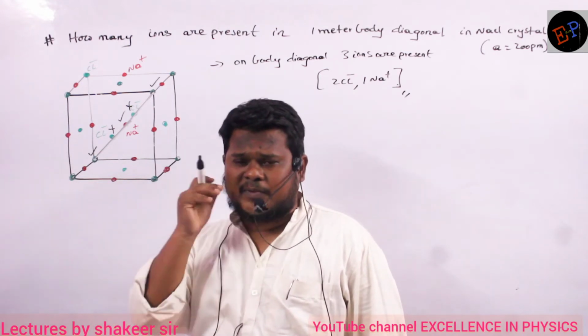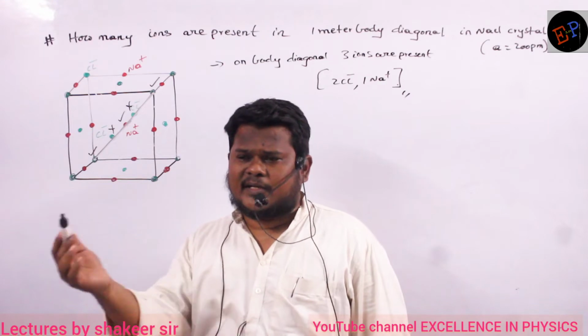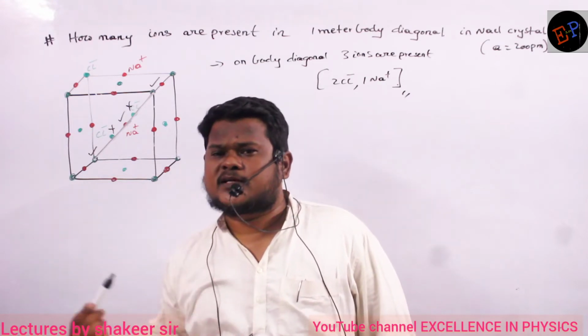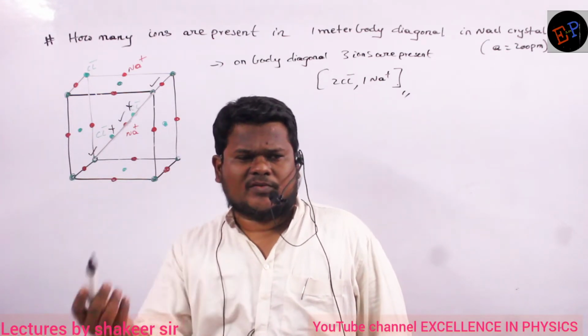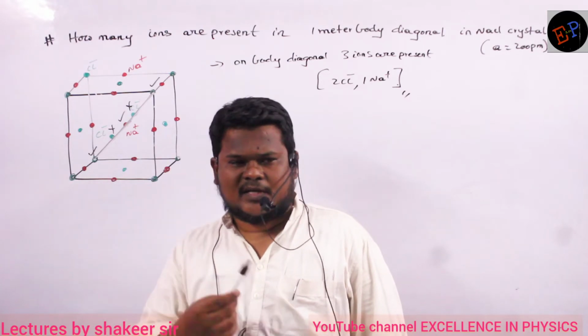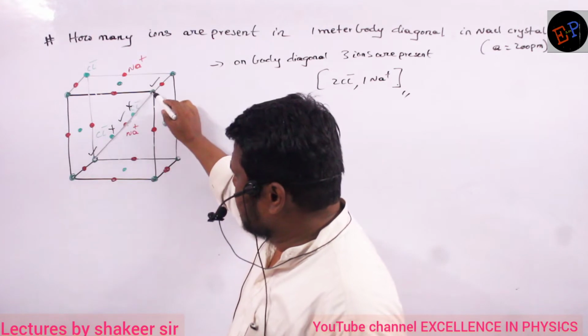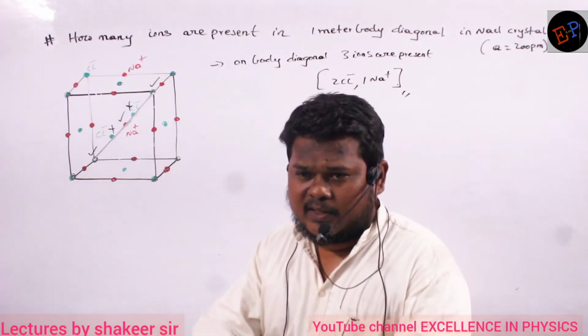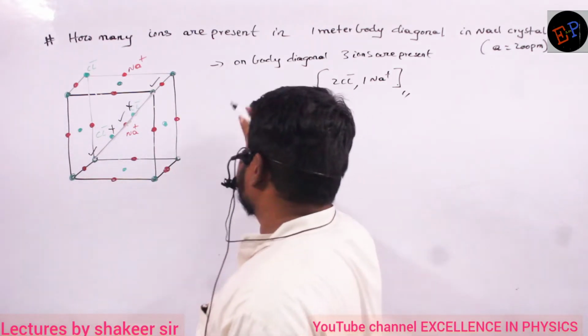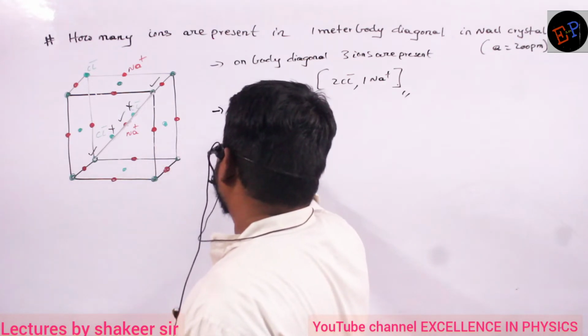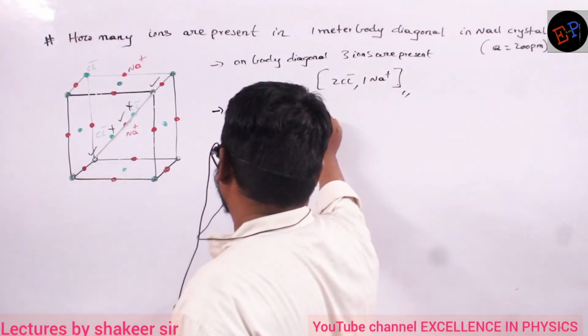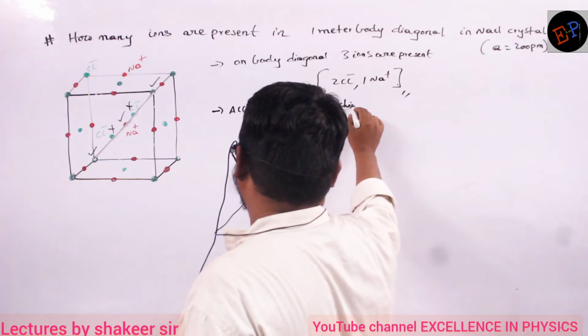Each positive ion is surrounded by how many negative ions? 6 negative ions. Okay, ma? So definitely this is Cl minus, this Na plus, and this is Cl minus also, they will be touching each other. So what is the next point I can write? All 3 ions are touching each other.